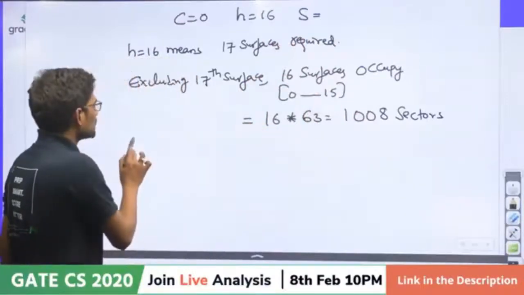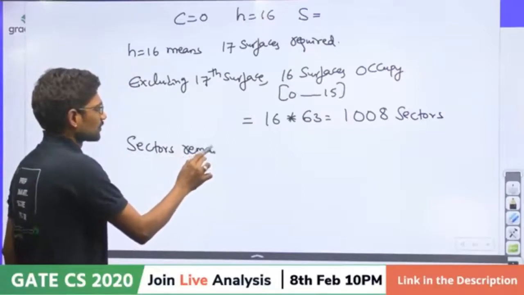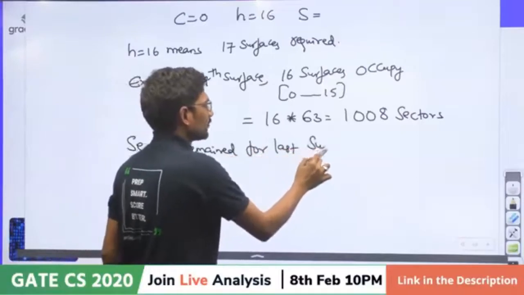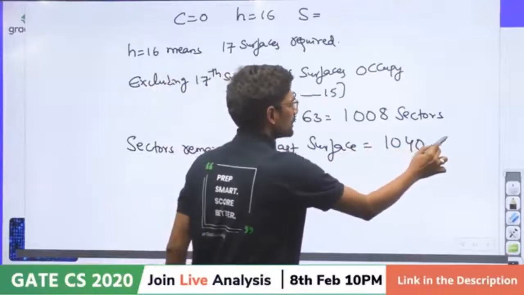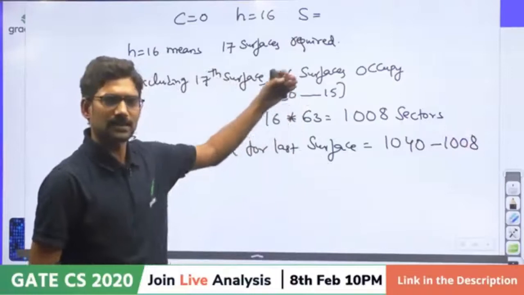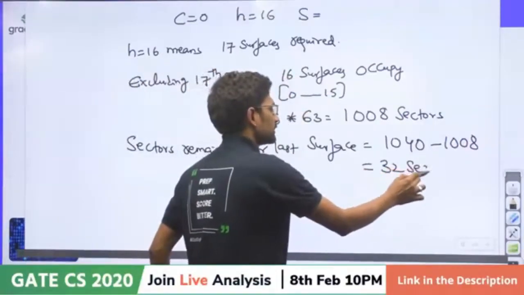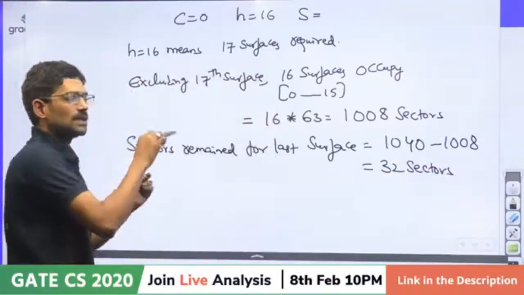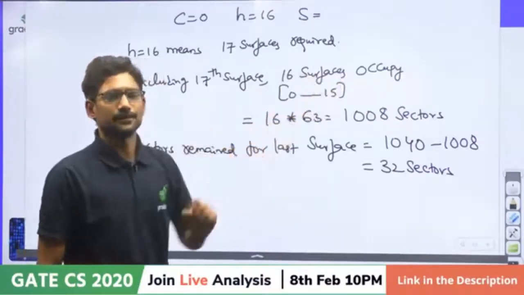Now, how many sectors remain for the last surface? Out of 1040, 1008 you have already filled in the 16 surfaces. So how many are remaining? 32 sectors remain. These 32 sectors will be on the last surface, that means H is equal to 16.